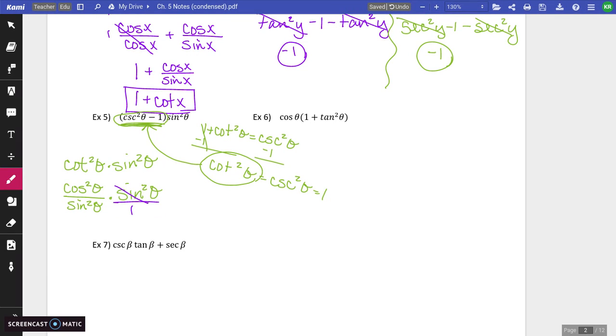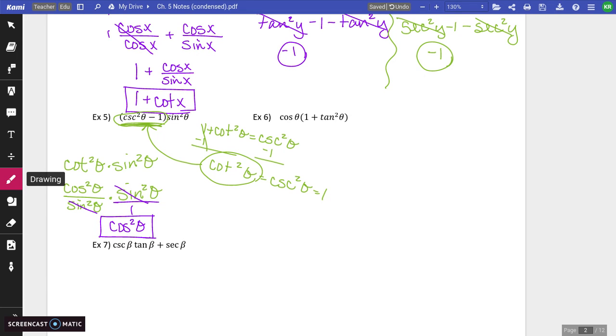I now have a sine squared in the numerator, a sine squared in the denominator. Once I simplify, I get cosine squared theta. So I'm down to one trig statement there, a much more simplified version than where we started. Let's look at number 6.